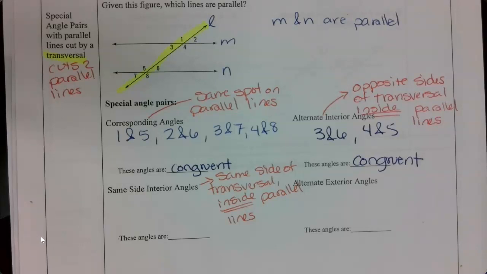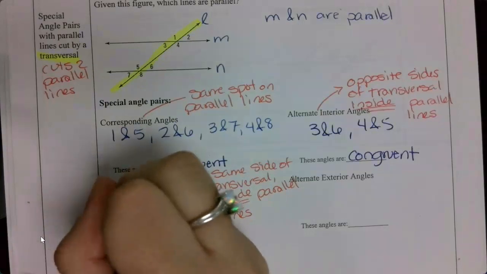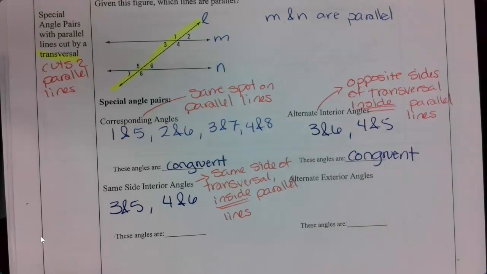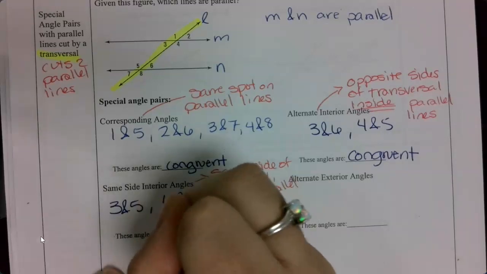Okay, so these ones would be 3 and 5, and 4 and 6. So if I put 3 and 5 together, or 4 and 6 together, would it make a straight line, or would they be the same angle? Yeah, these ones are going to be supplementary.